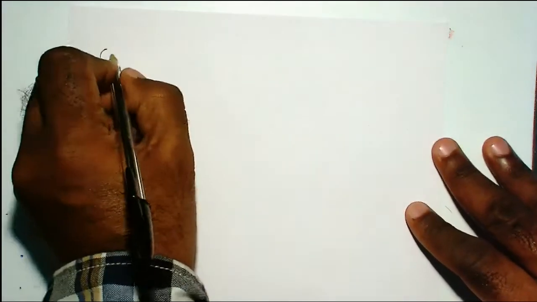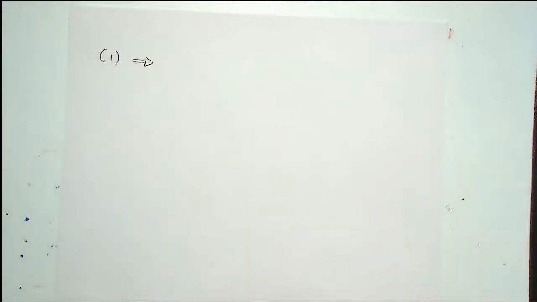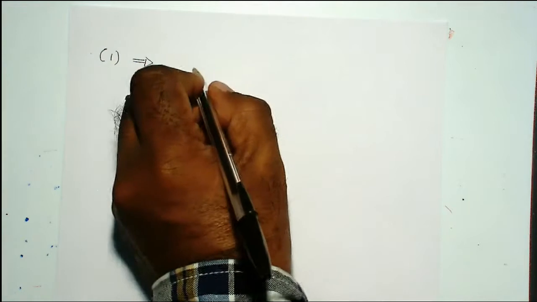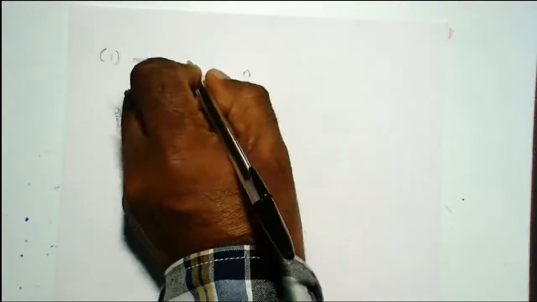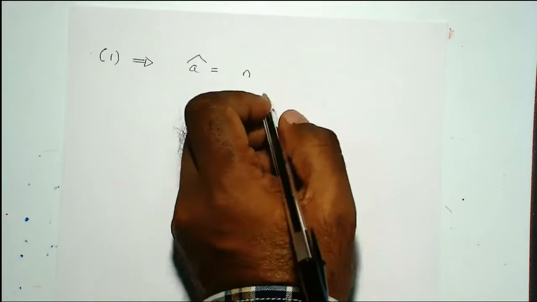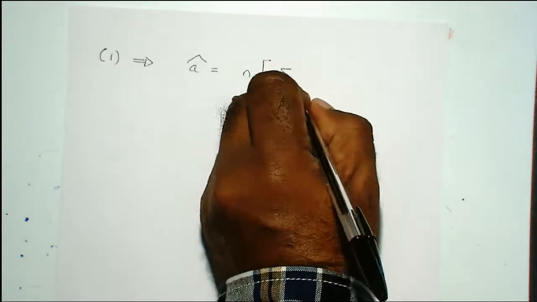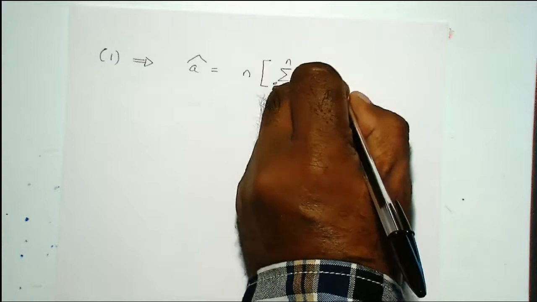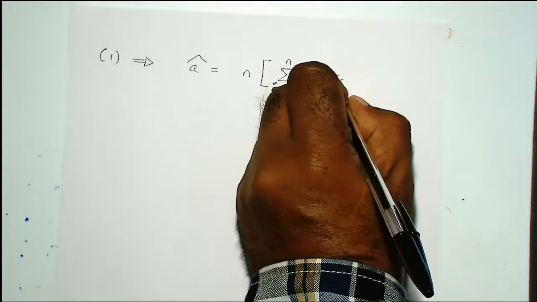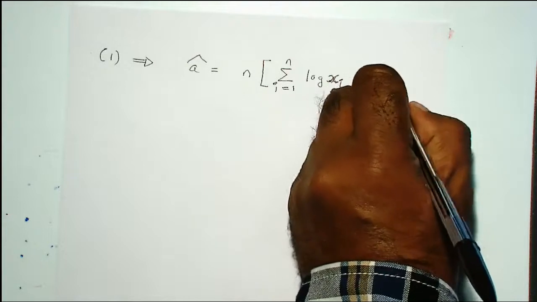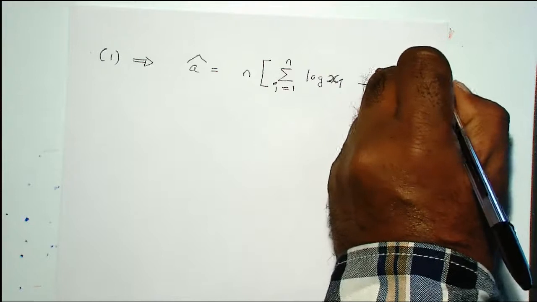Now, from equation 1, we can say that A hat is equal to N over, all right.